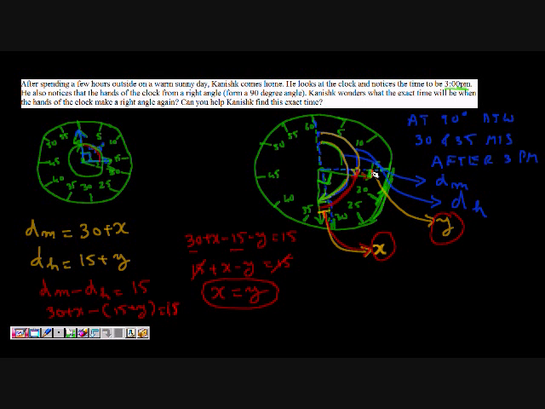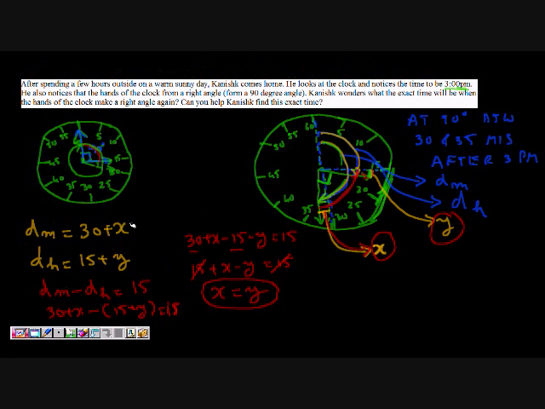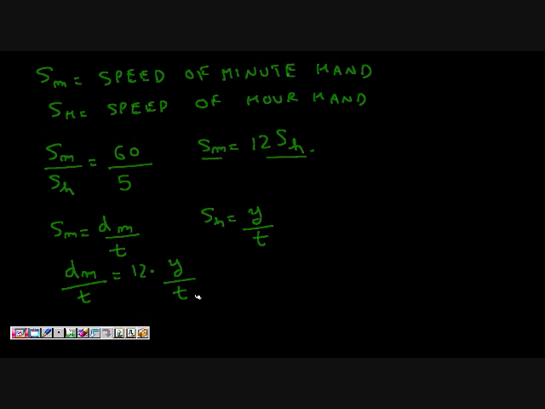Okay, now we know that s of m is equal to 12 times s of h, so dm divided by t is equal to 12 times y divided by t. We know dm is 30 plus x, so we can say 30 plus x divided by t is equal to 12 times y divided by t.